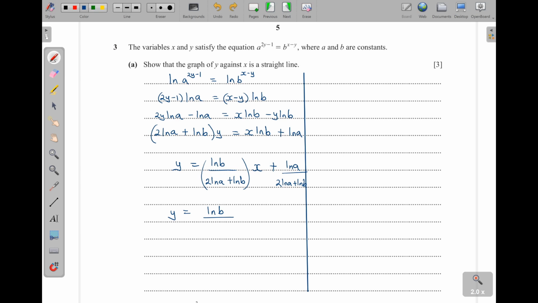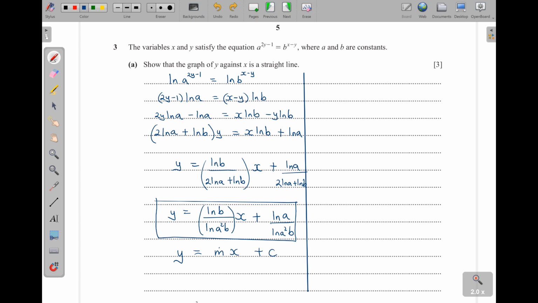So altogether I can write natural log of a squared times b, then x, and then plus natural log of a out of natural log of a squared times b. So this is what we are going to have here. It is in the format y is equal to mx plus c. So your gradient is this one here, and the c, the y-intercept, is this one here.